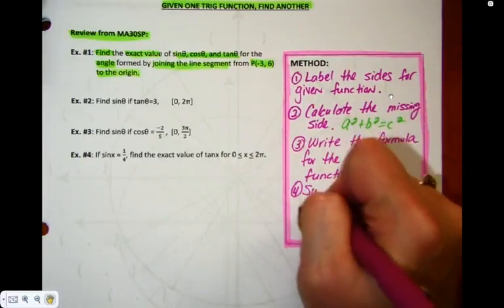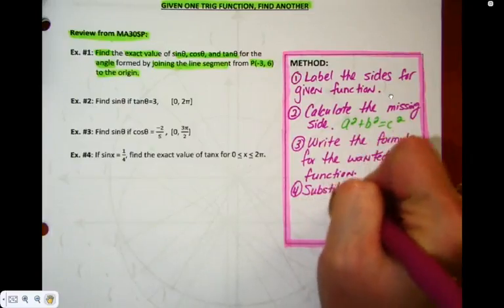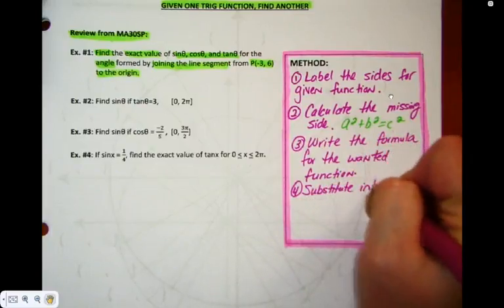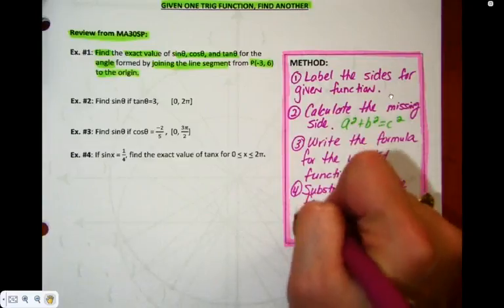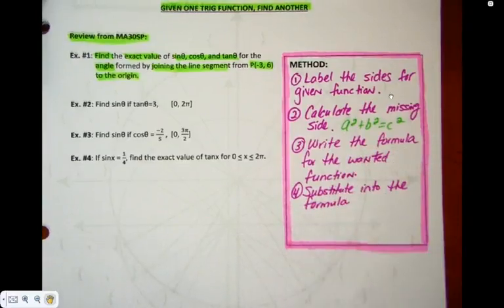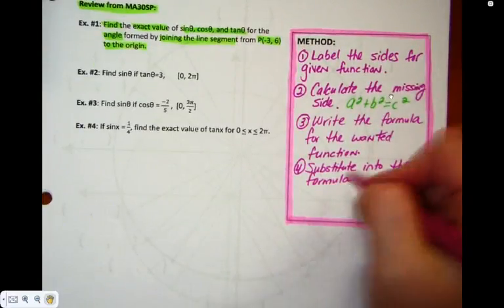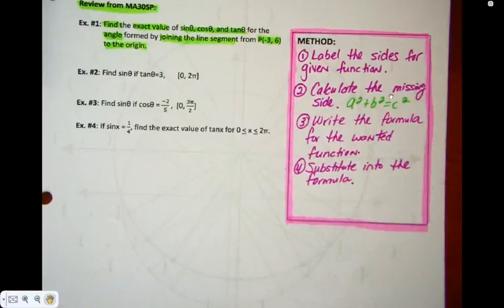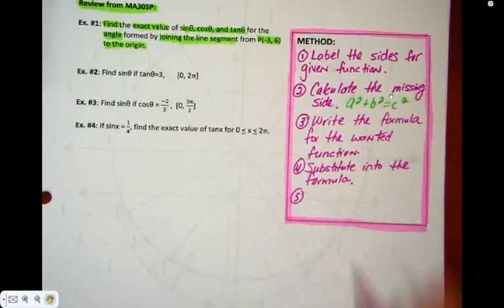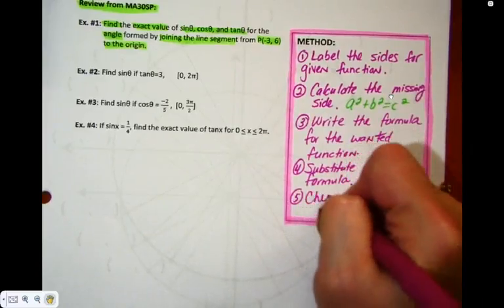Substitute into the formula. This is where you would reduce if you can. And the very last step, check the CAST rule.